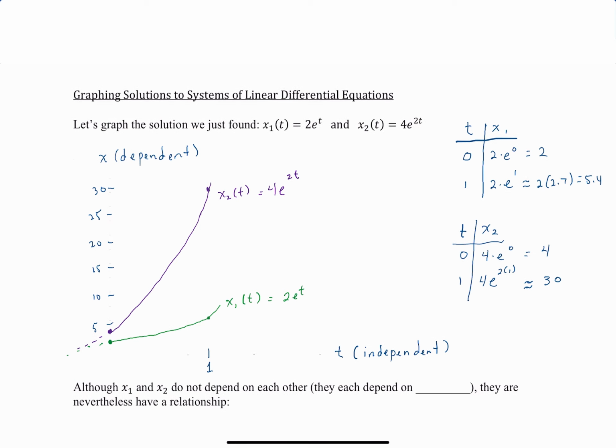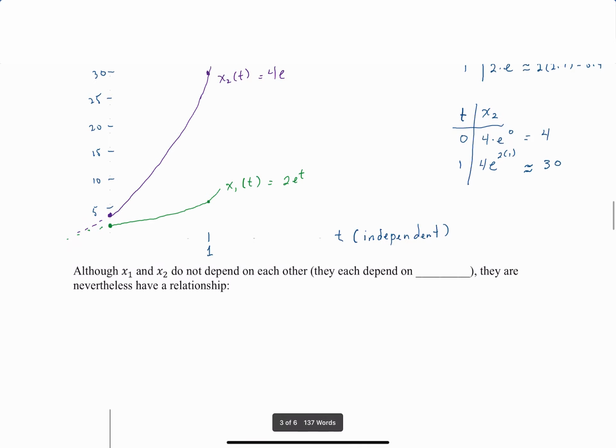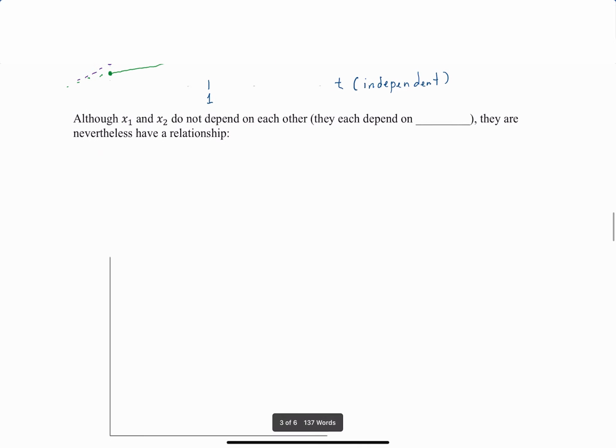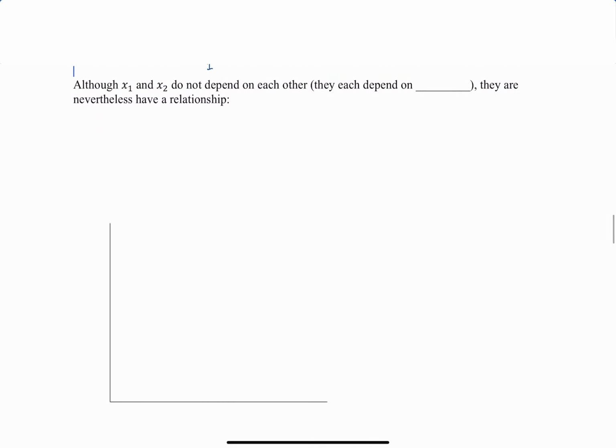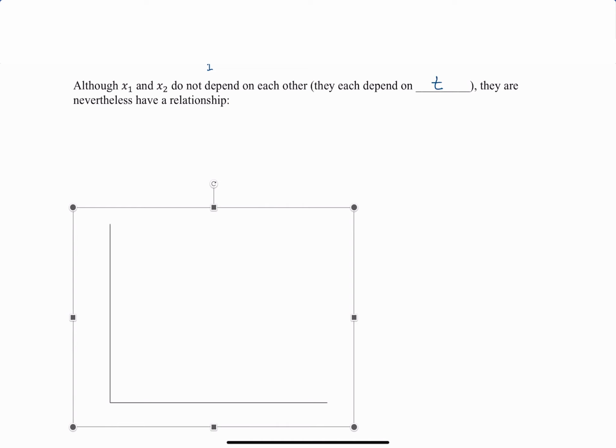Now, although x1 and x2 do not depend on each other, they each depend on t, they are related. This can be hard to see, but I chose this example to be one where we could see pretty easily what the relationship between the two variables is.